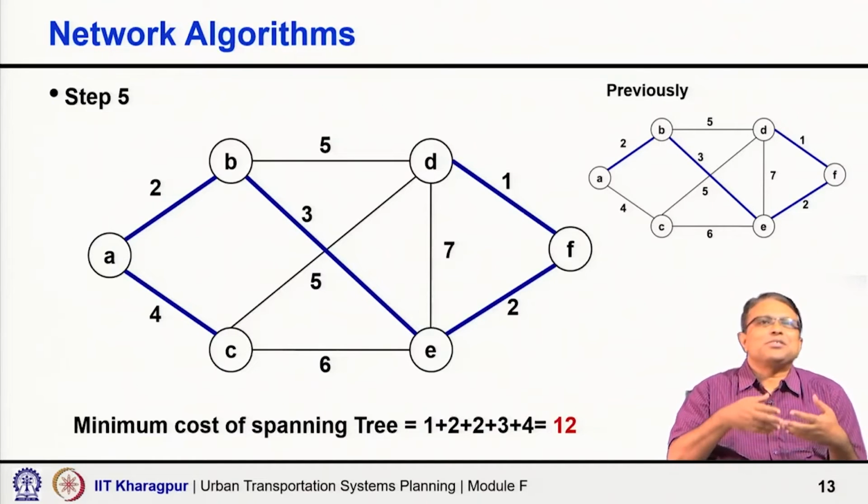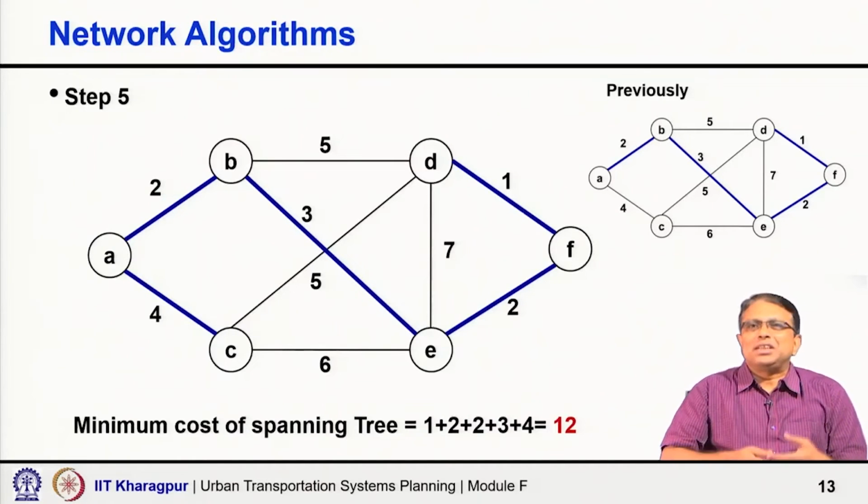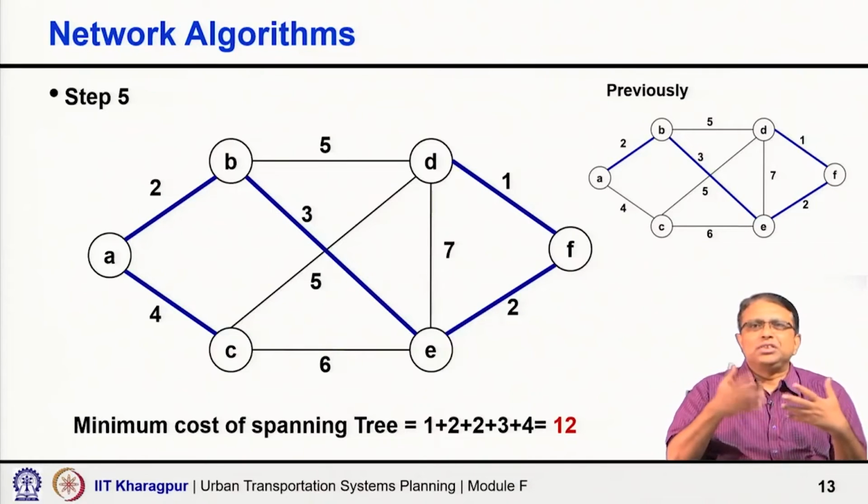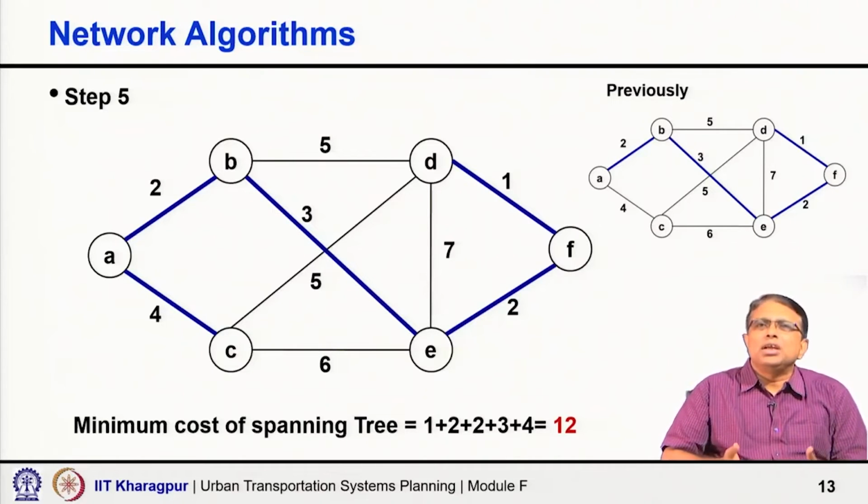Maybe in another case, just the way the numbers are there, if you change the cost of any other link, there could be an issue of loop, right.